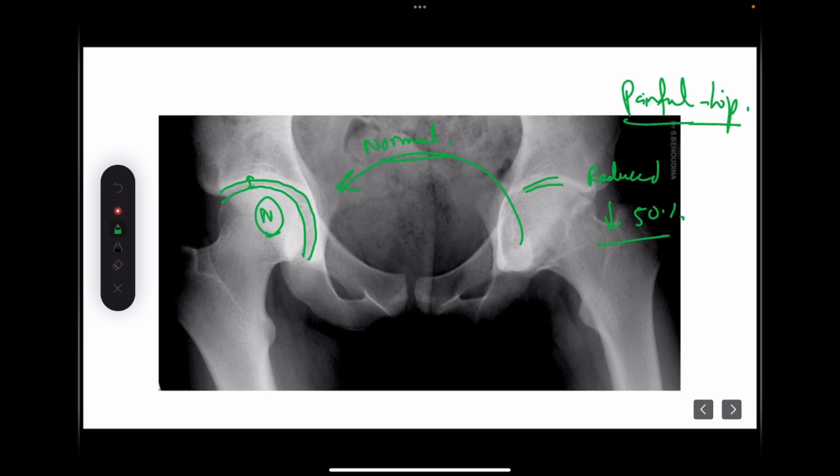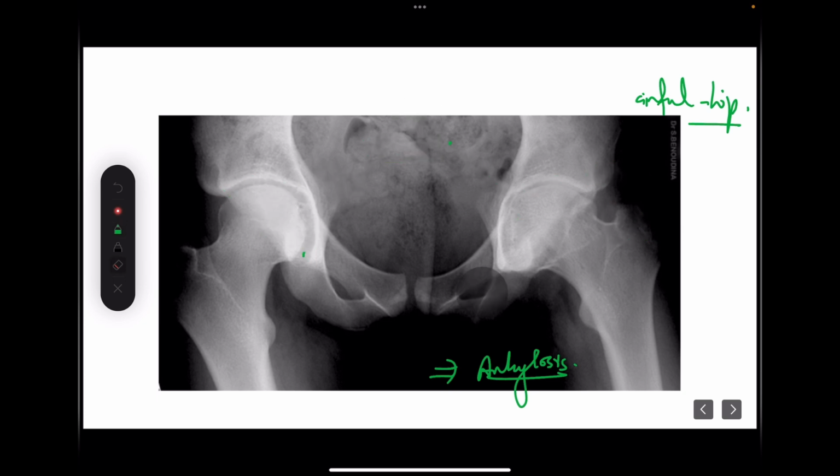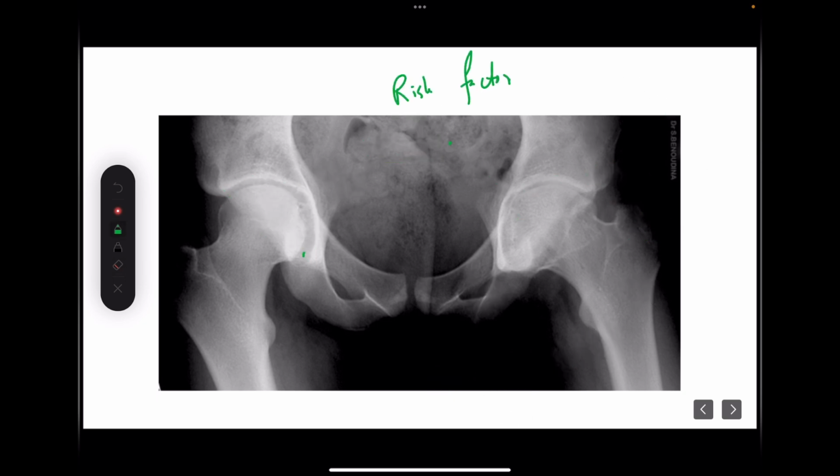So this is a painful condition which is characterized by necrosis of cartilage on histopathology, by reduction of more than 50% of the joint space as compared to the normal side, or less than 3 mm of joint space left whenever the case is bilateral, and ultimately it leads to ankylosis and reduced range of motion of the hip. So this is idiopathic chondrolysis of hip. What is the most common risk factor for idiopathic chondrolysis of hip? I have already told you. Whenever the pin penetrates into the joint.